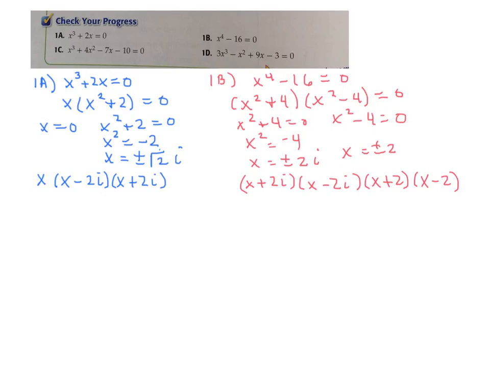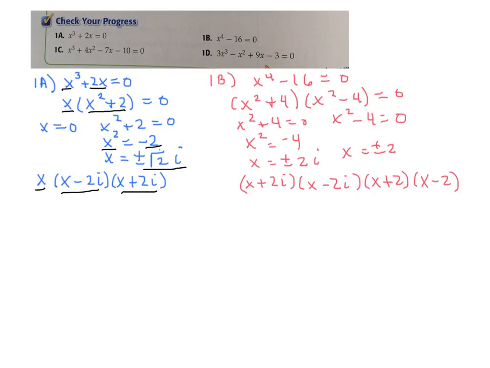On 1A, you look for the common factor. It's x, which left you with x squared plus 2. You make that x squared equals negative 2, which gives you plus or minus the square root of 2i. If you were to write this back in factored form, the factored form would be x multiplied by the quantity of x minus the square root of 2i multiplied by the quantity of x plus the square root of 2i.